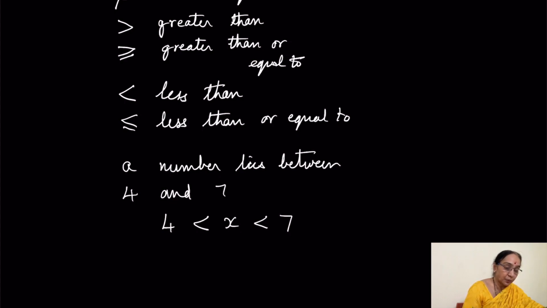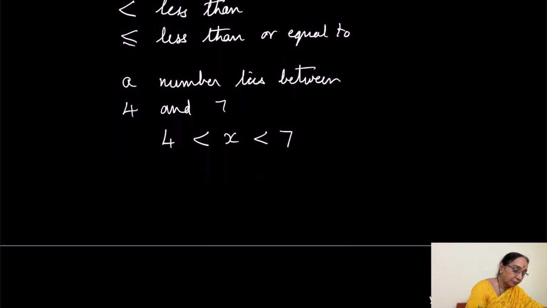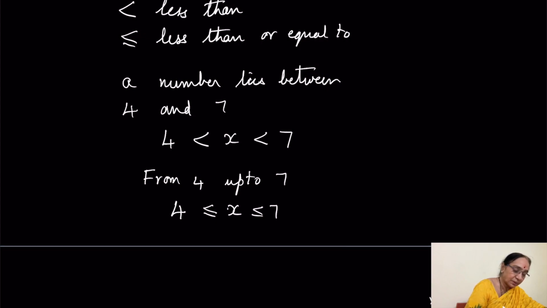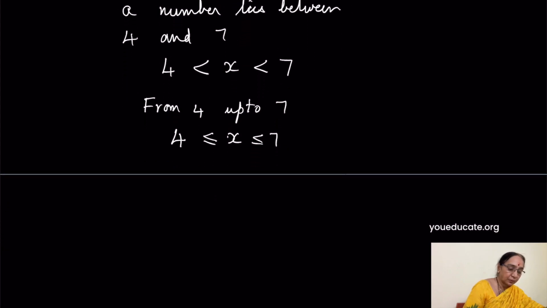It is between 4 and 7, so we don't include the endpoints. When I say from 4 up to 7, then we write 4 less than or equal to x less than or equal to 7, because 4 is also included and even 7 is included. 4 to 7.